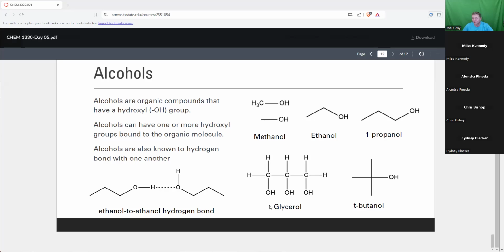If you look at glycerol, that's kind of got a unique name because you could also call that, let's see, 1, 2, 3 carbons. So that would be propane. And then if you add alcohol there, a 1 hydroxide group, that makes it 1-propanol. So if you had glycerol, what do you think would be another name for that?